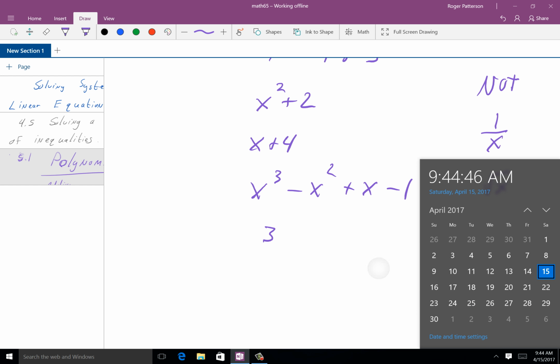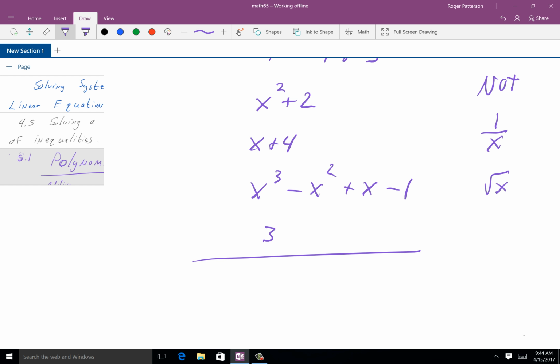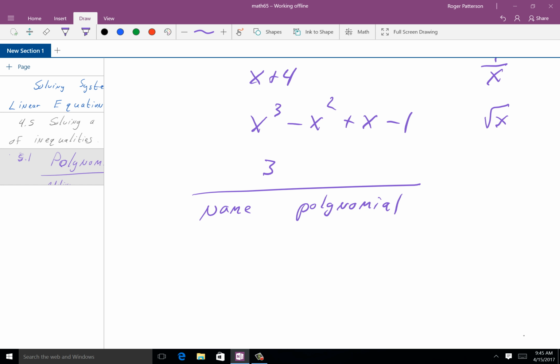So polynomials can be named in a couple ways. And I'm not going to test you or quiz you on the name of a polynomial. We're going to be talking that vocabulary, so you're going to know what it is anyway.